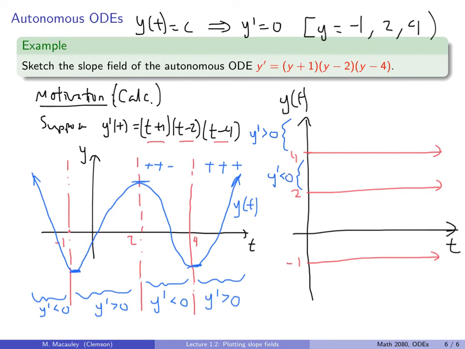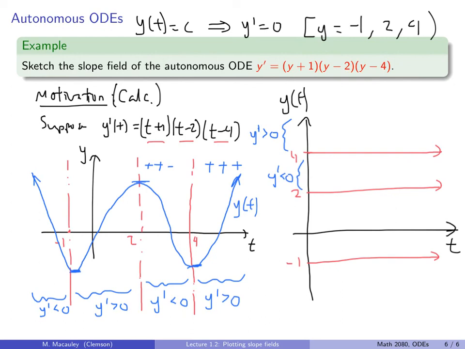Again, all this is saying is that the derivative is equal to the value of y, which is just the height, the value of the function. Well, y plus 1, y minus 2, y minus 4. So if our y value is, say, 3, then in this region we have positive, positive, negative.